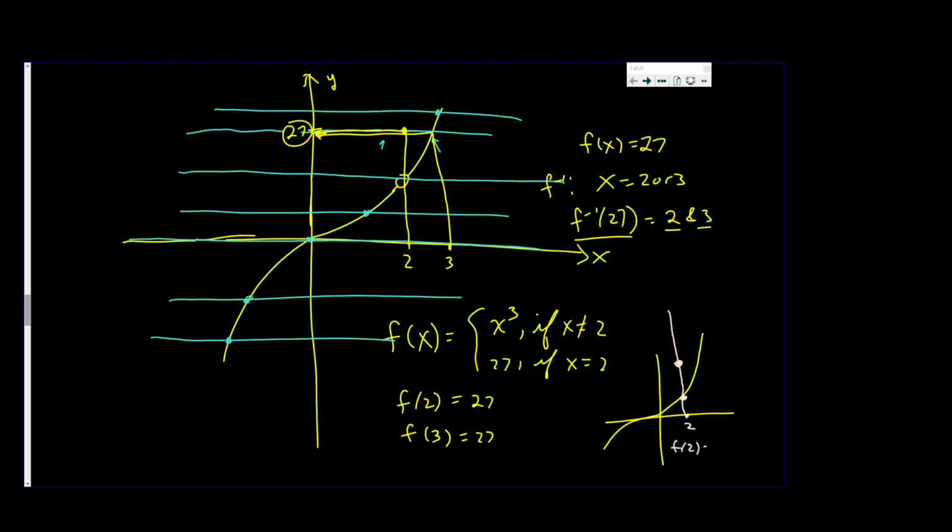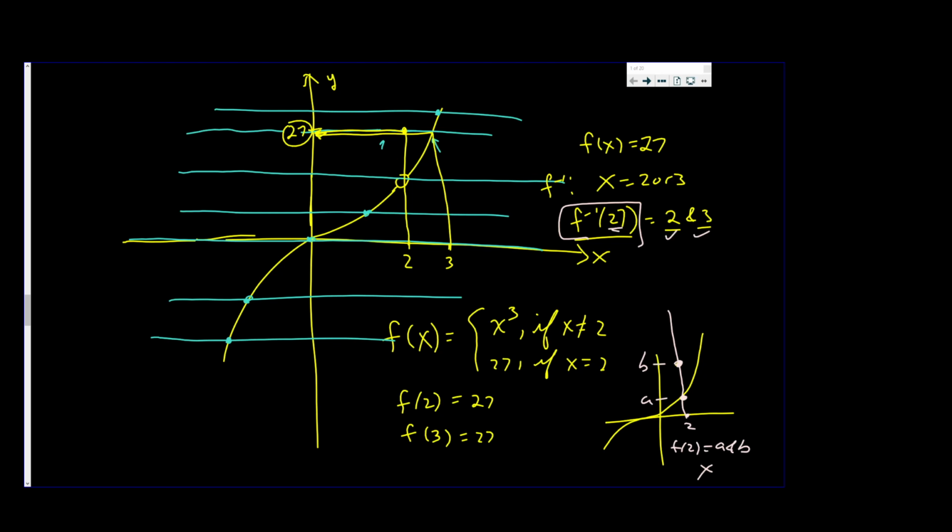I take f of 2 and I get, call it a and b, whatever those numbers are, but they're not the same numbers. I get back a and b. f is not a function. I take f inverse of a number and I get back two values. f inverse isn't a function. The inverse function must be a function.